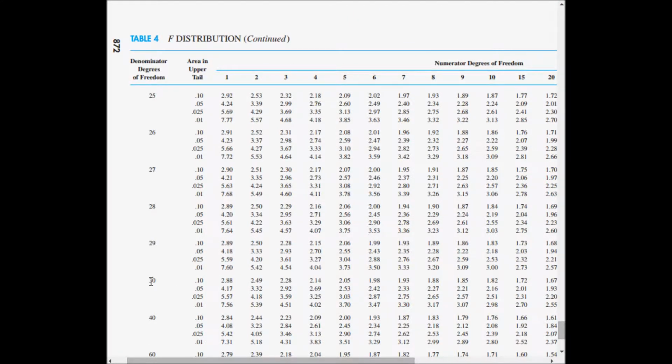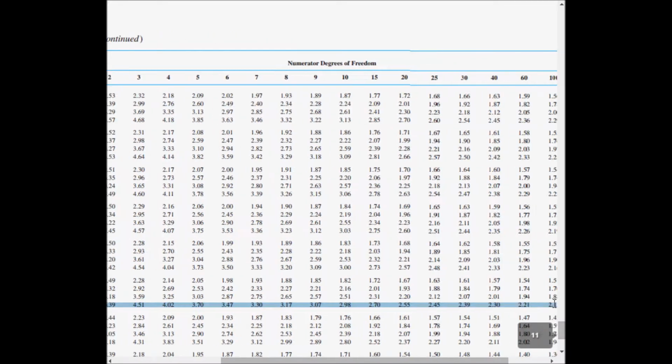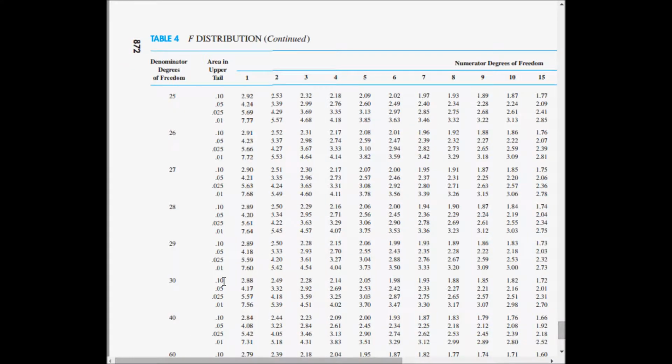There is no row 32. Suppose it was row 30. If there is no row, maybe we'll go to the closest one, say 30. Our alpha divided by 2 is 0.01. We would go over here until we got to column 40, right? So our critical value would be about 2.3. I don't want to be close, I want to be exact.